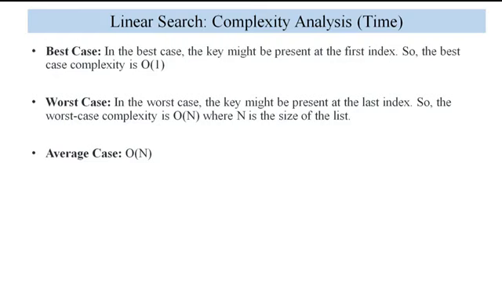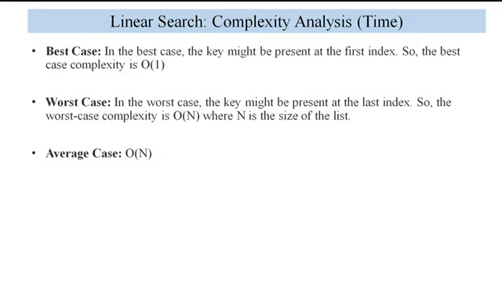So what is the case with linear search? In linear search, the best case situation will be when the key to be searched is found at the first location itself. In that case the time complexity will be order of 1.